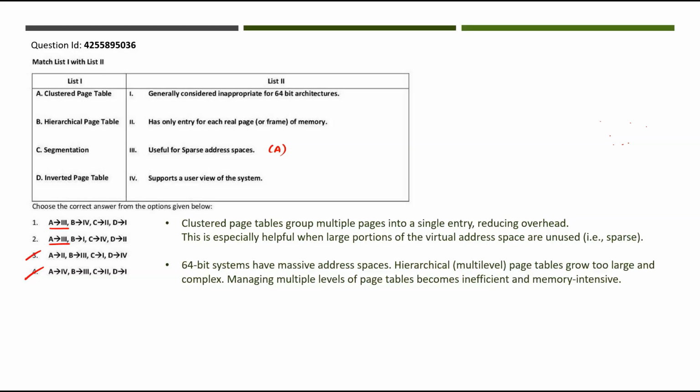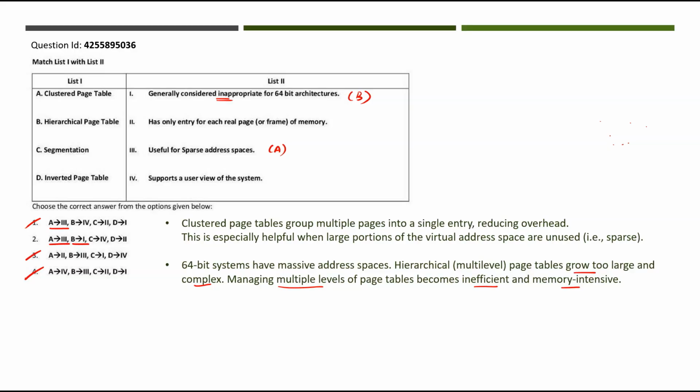So we will go with generally considered inappropriate for 64-bit architectures, because they say managing multiple levels becomes inefficient and memory intensive. So this is equivalent to saying it is inappropriate. B will be mapping to 1. B1 is available in option 2. We can even rule out option 1.